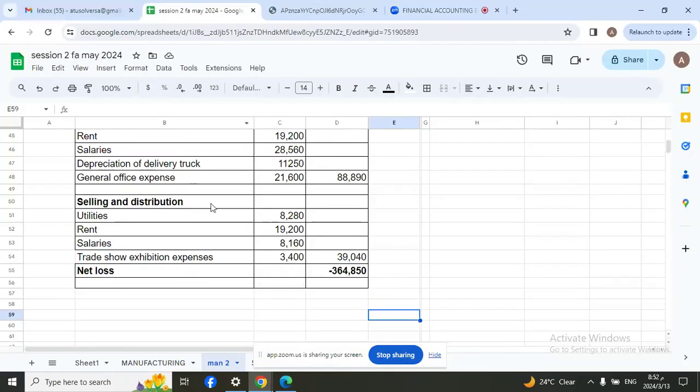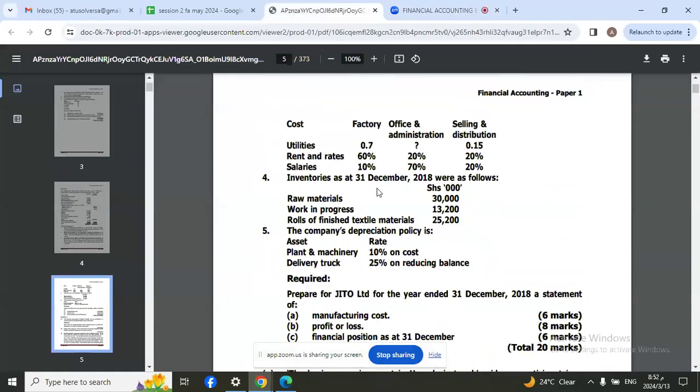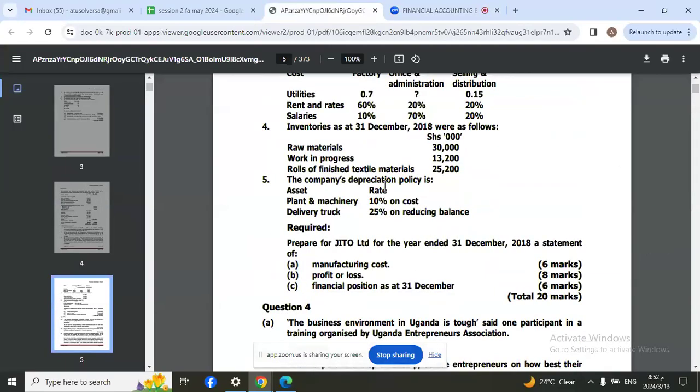Okay. So we are going to go on the last question, which is statement of financial position as at 31st of December 2018.